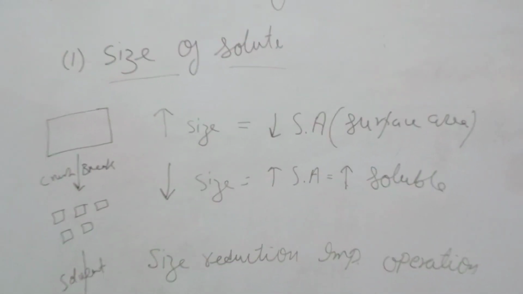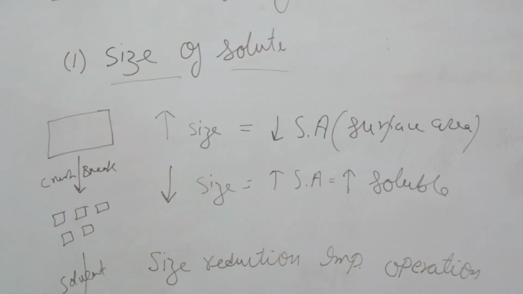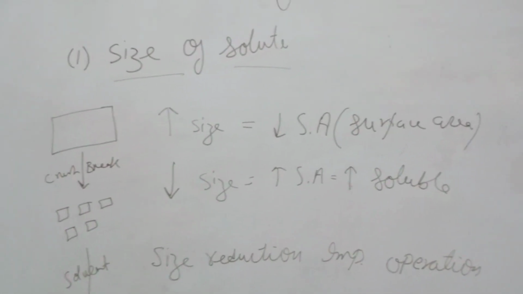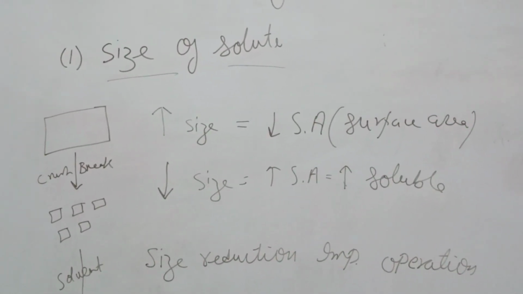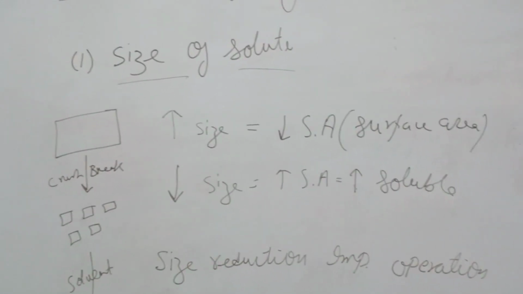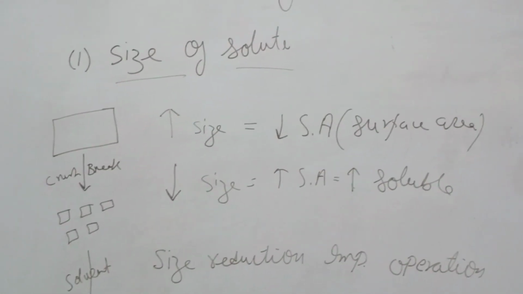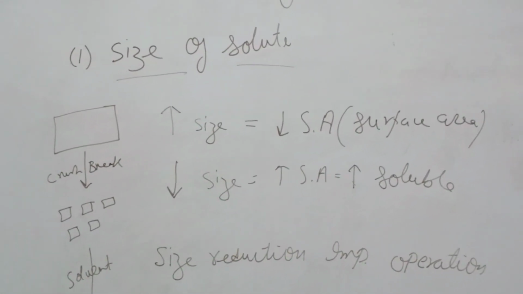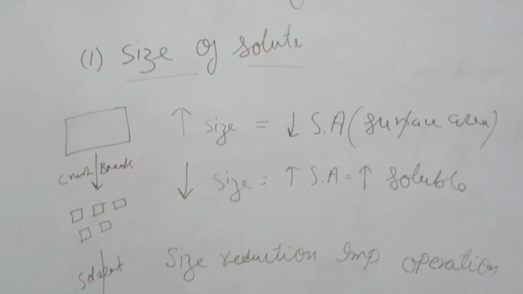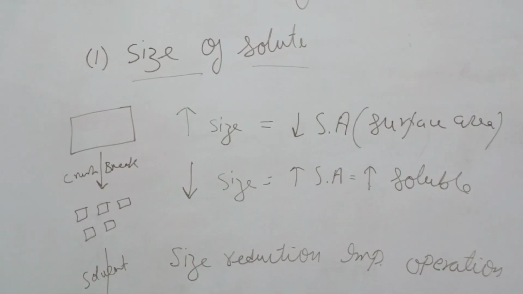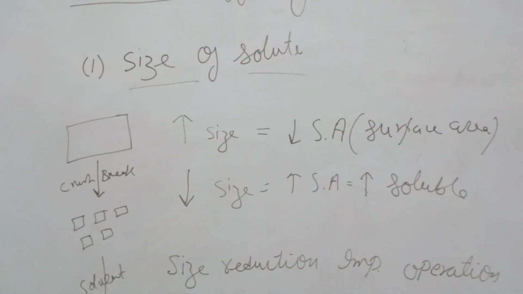So I here represent the surface area as S.A. So I correlate the size with the surface area: the bigger the size, the less is the surface area. And hence, less surface area means it is less soluble. Why is a solute with less surface area less soluble? This is because if a solute has less surface area, the net quantity of solvent which comes in contact with the solute is also less.